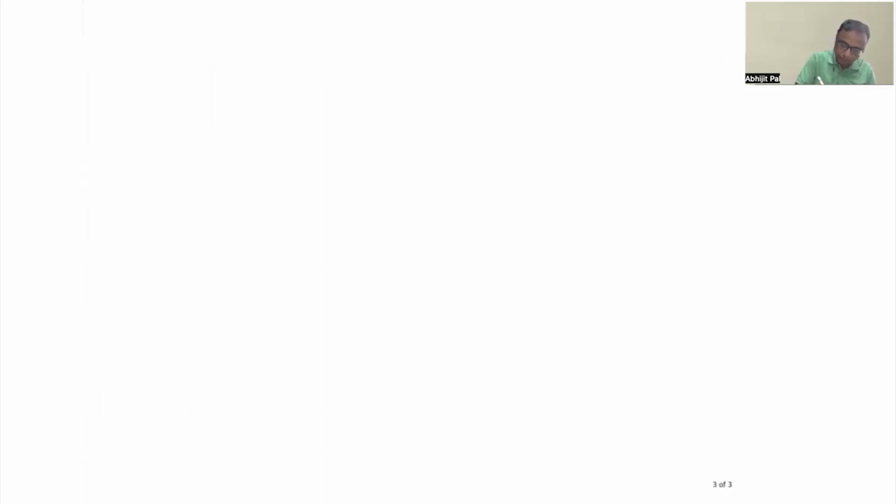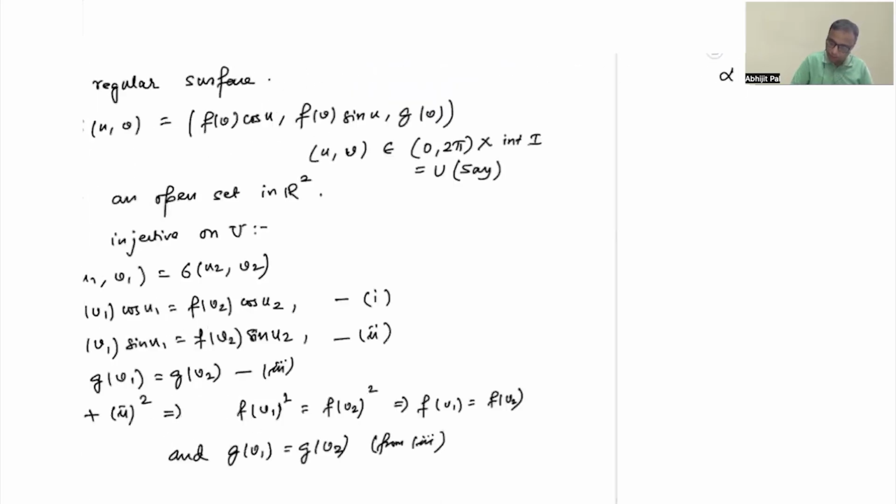From here, this curve alpha is simple, so if alpha(v1) is equal to alpha(v2), then v1 equals v2.